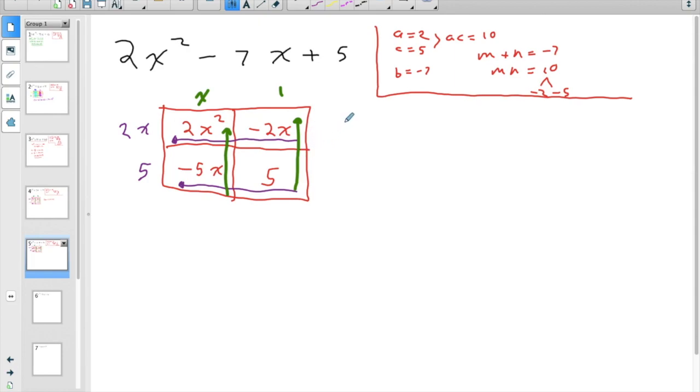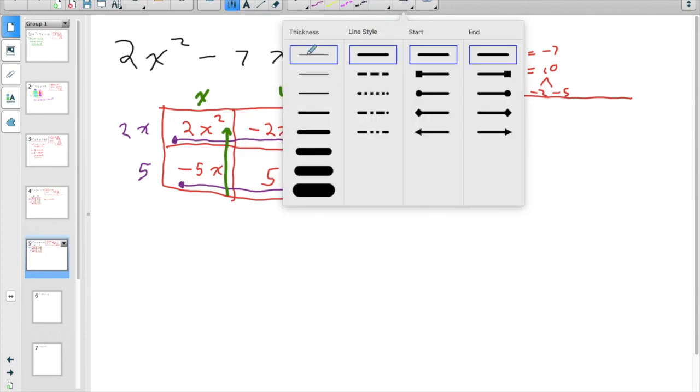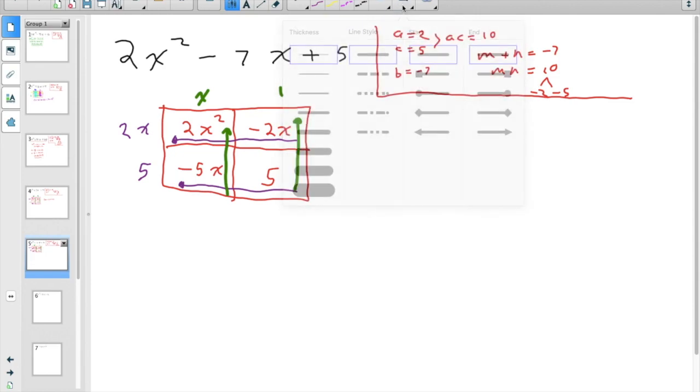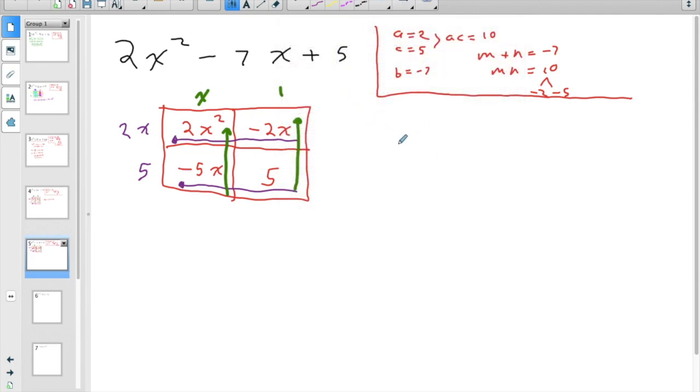Okay, this is fine, except for the fact that if we were to multiply these out, we would have 2x plus 5 times x plus 1.